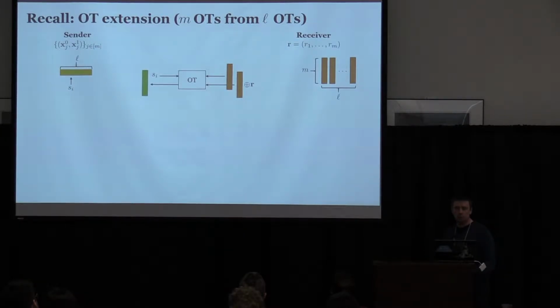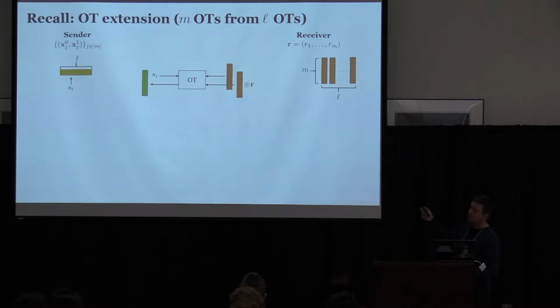Okay, and then what they do, they're going to run kappa OTs, where the sender is going to play the role of the receiver. In each instance, he's going to input his bit s_i, and receive either the column that the receiver chose or the column that the receiver chose XOR r, where r is a selection bit vector for all the bunch of OTs that the receiver wants to do.